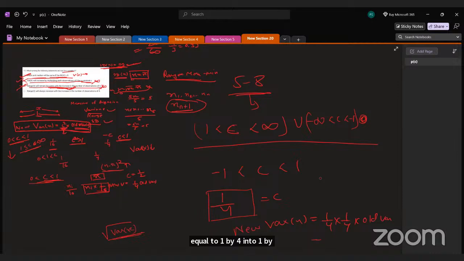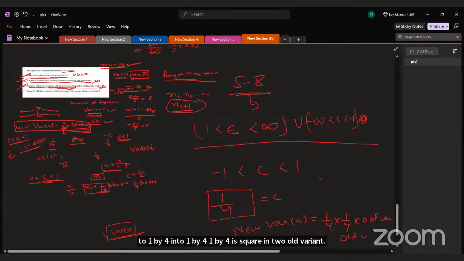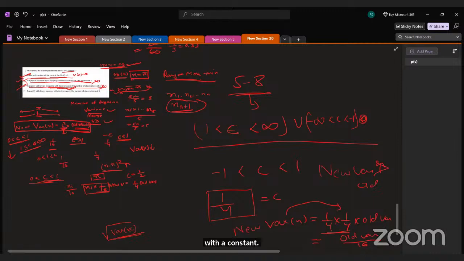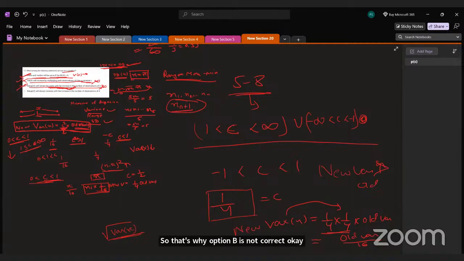That simply will be old variance by 16. So basically we're dividing by 16, so obviously the new variance will be less than the old variance. In this case, the variance decreased on multiplying with a constant. So that's why option B is not correct. Okay, Divya? Sir. Okay.